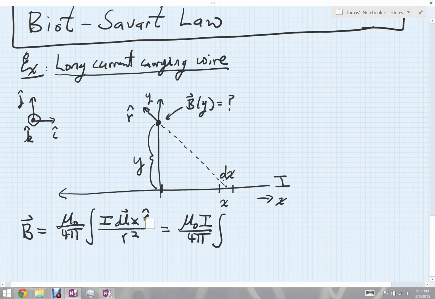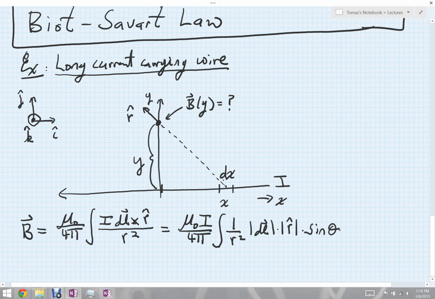Before I work through the cross product, I don't want to forget my factor of 1 over r squared. So let me just factor that out first, 1 over r squared. And then for the cross product, I have the magnitude of dl times the magnitude of r hat times the sine of the angle between them.